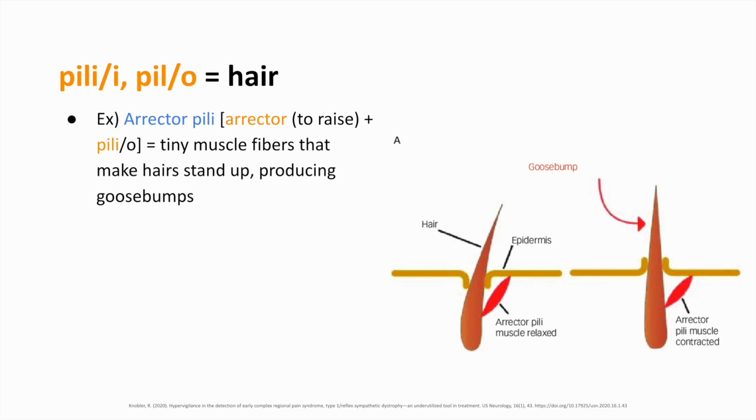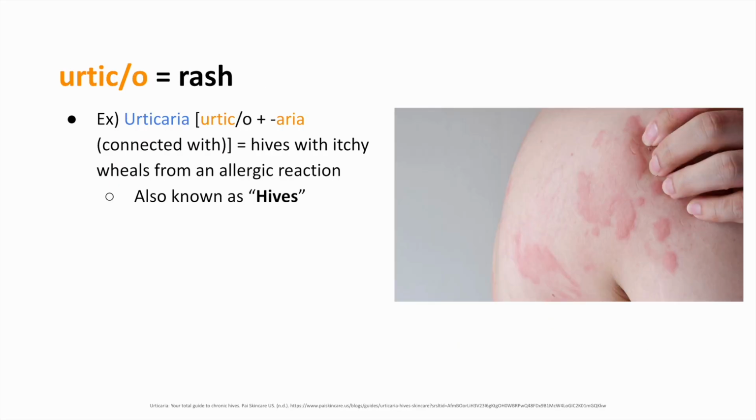Urtico is a combining form that means rash. So urticaria is urtico plus the suffix aria. I think we've never seen that yet. It's a suffix that means connected with something.